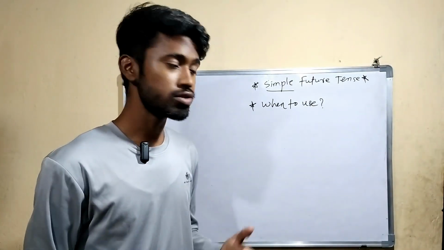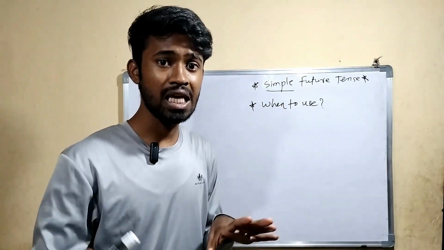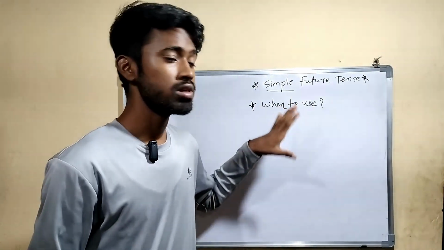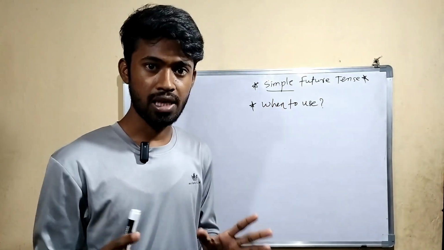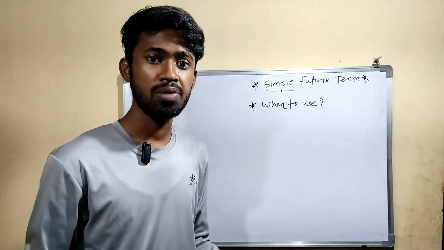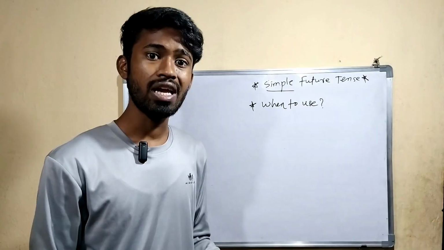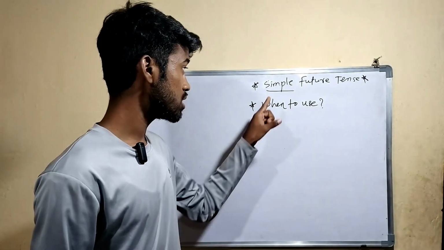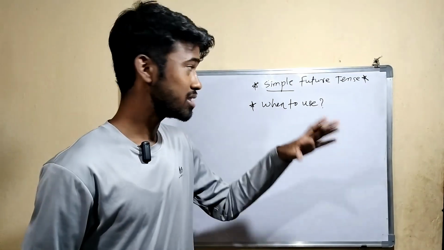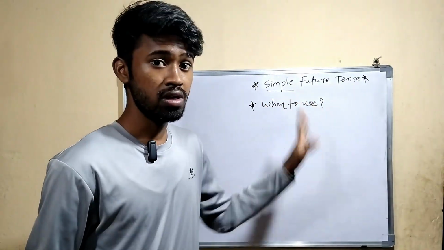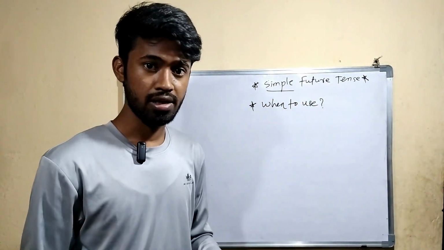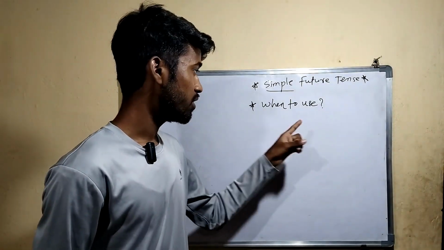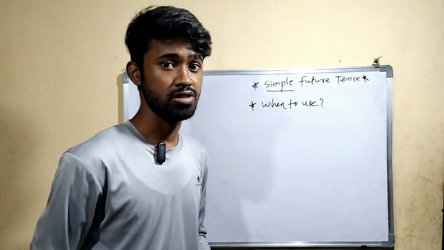There are two names for the same tense. They can say indefinite or simple, so both are the same. Even for the present and past, we can say simple past tense or indefinite past tense. So don't be confused by this word simple. You can say either simple or indefinite, both are correct. Now let's see when to use this simple future tense.